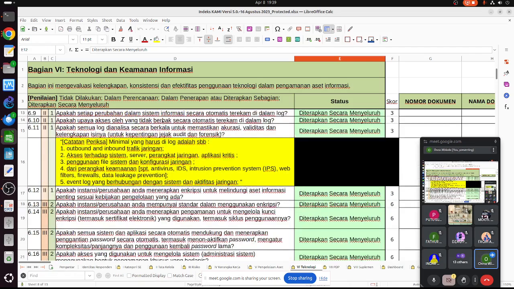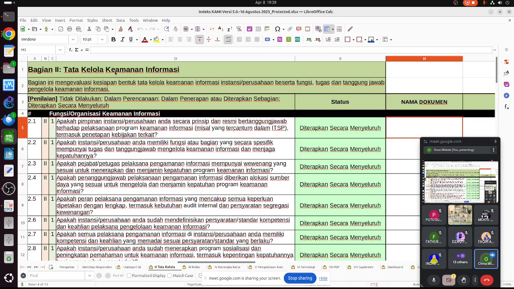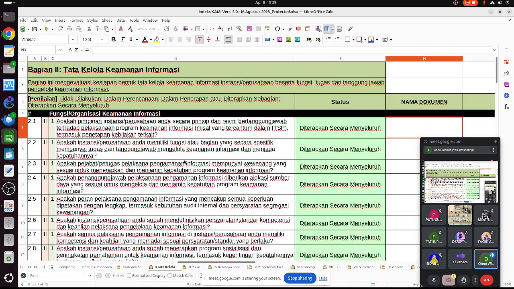For example, in cybersecurity management, we need to identify, this is the management process, which has nothing to do with technology. Then here the question is: who is responsible for what? We need to make sure who is responsible for what kind of activity.